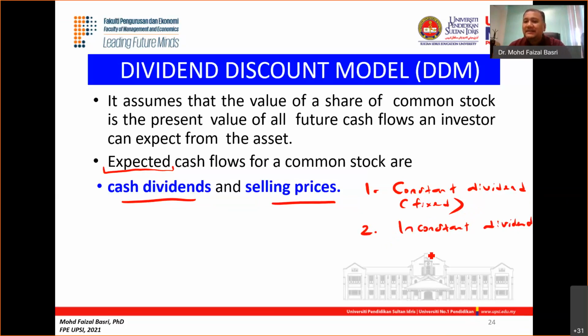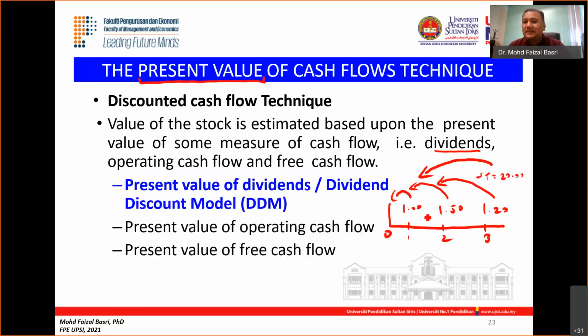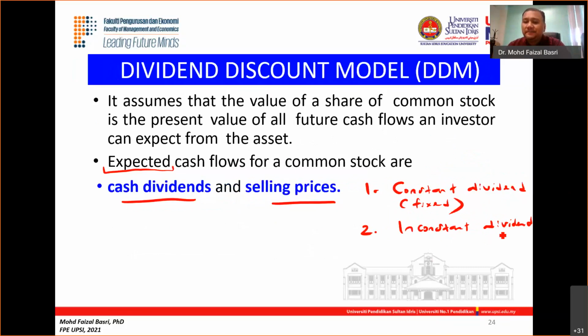For example, something like this: an example of inconstant dividend from 1 ringgit to 1.50, then go down to 1.20. So the movement is quite random, but it fluctuates from time to time. So that is inconstant dividend.